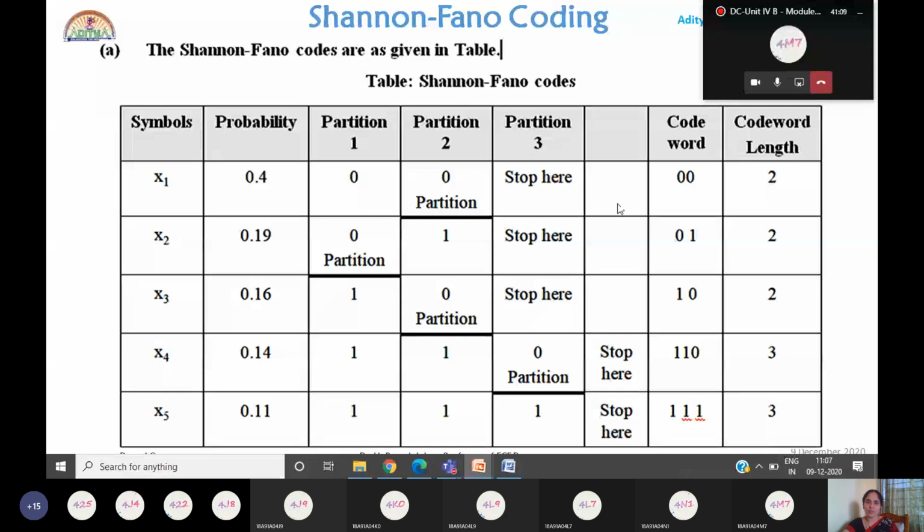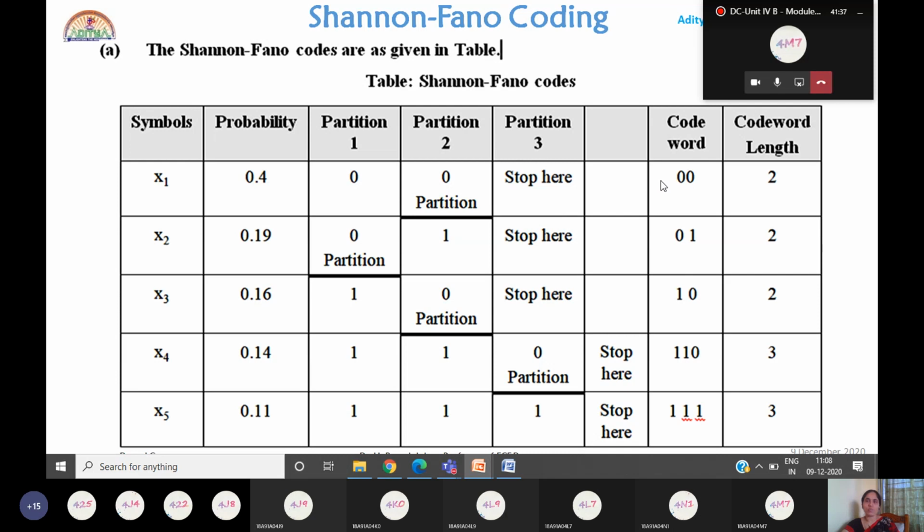Okay, and now if you observe at partition 3, almost all the subsets consist of only one symbol. So that's why you can stop the partitions during partition 3. Okay, you can stop dividing the subsets at partition 3 level.